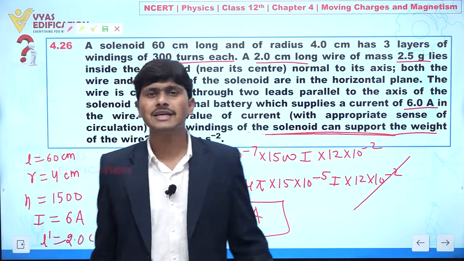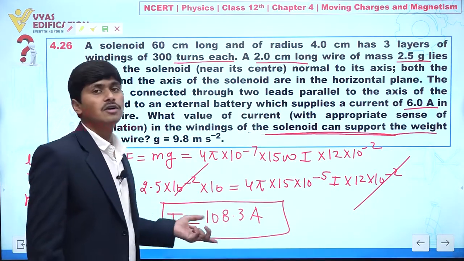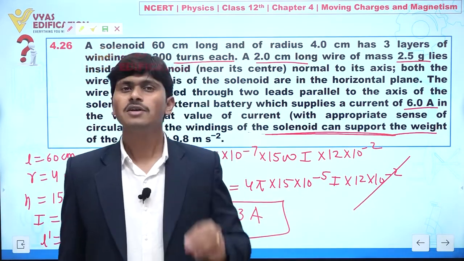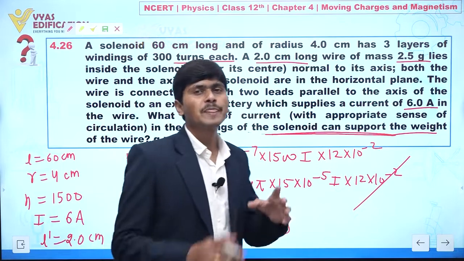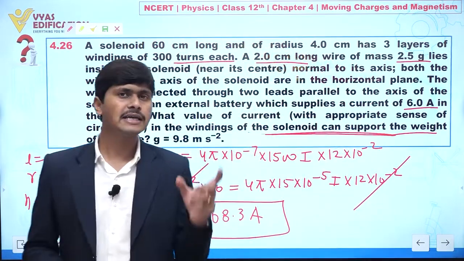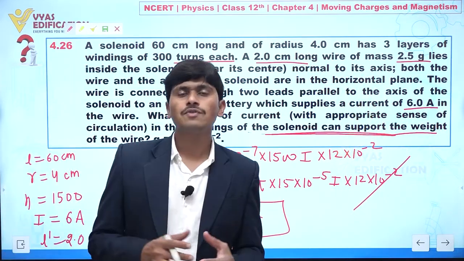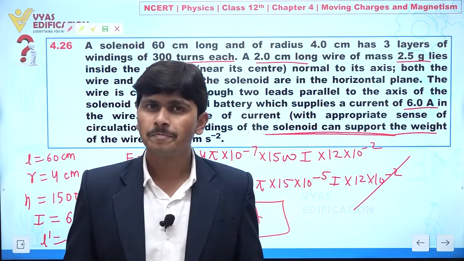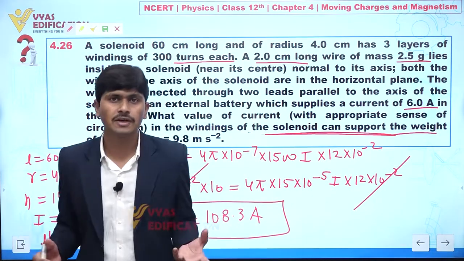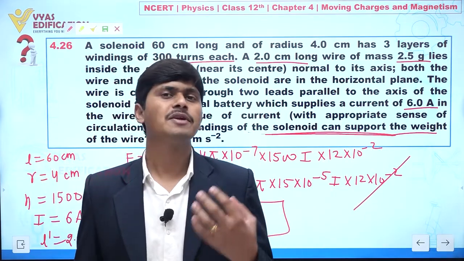So we can calculate the value of the current flowing in the winding so that it can balance that conducting wire. Let me conclude this question again. In this question, one solenoid is given. We are placing a conductor inside the solenoid, and we are also flowing a current in that conductor. Whenever a current carrying conductor is placed in a magnetic field produced by a solenoid, it will feel a force, BIL.